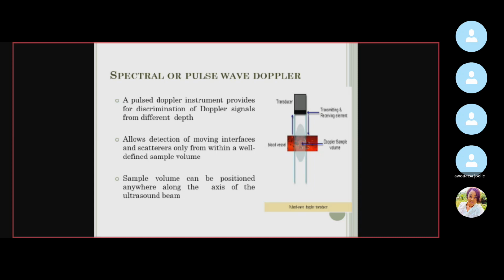That is called the Doppler sample volume. This Doppler sample volume can be positioned anywhere along the axis of the ultrasound beam. So if you want to get a signal from above, you have to place it above or lower. That is called pulsed wave Doppler or spectral Doppler.